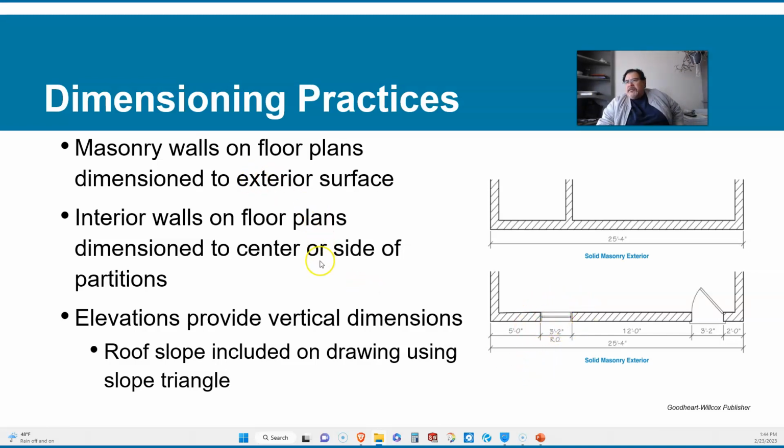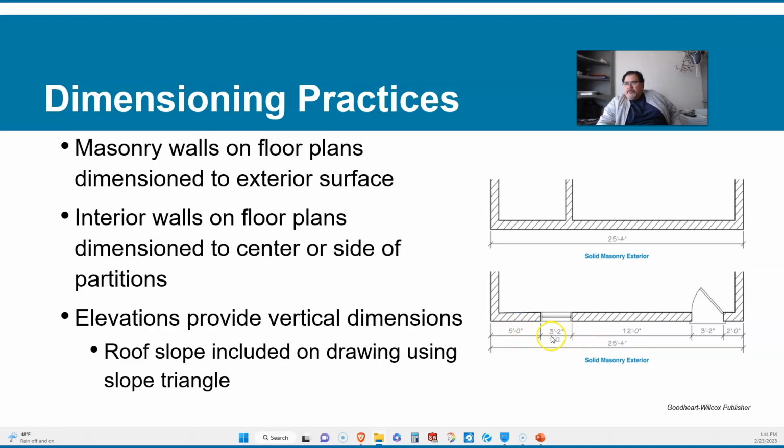But in terms of dimensions, it shows that in this case, this window is located within a rough opening that's 3 foot 2 inches. And it's located 5 feet to the corner. So from one side to the other rough opening, it's measured from this location of 5 foot.